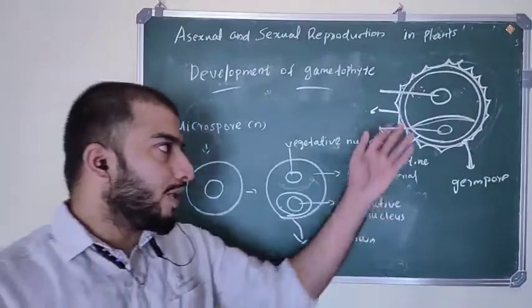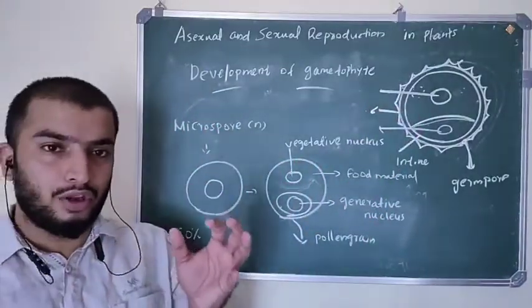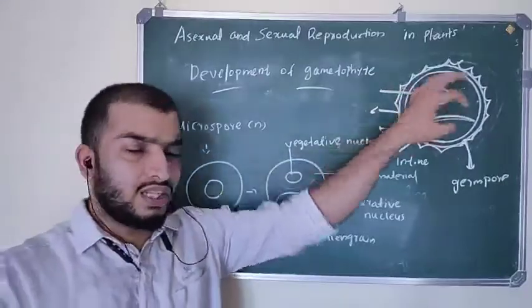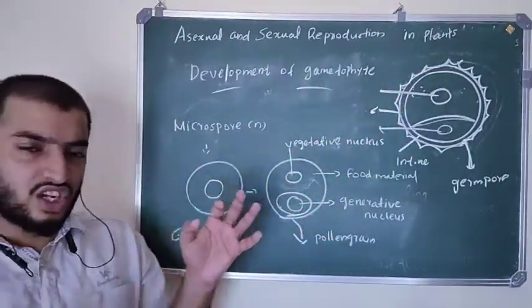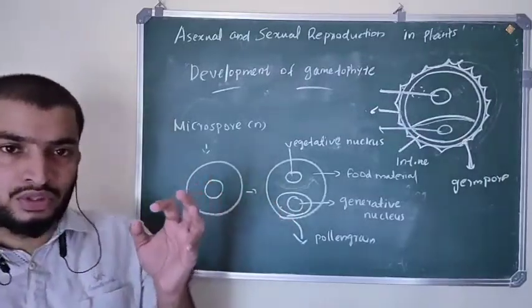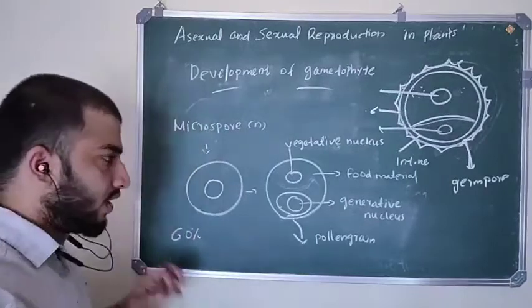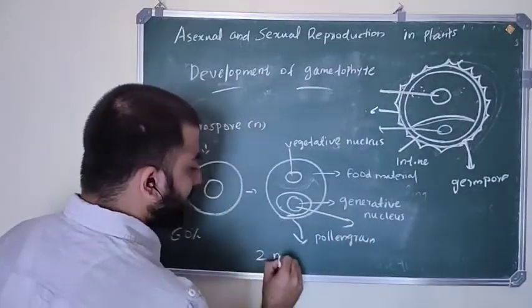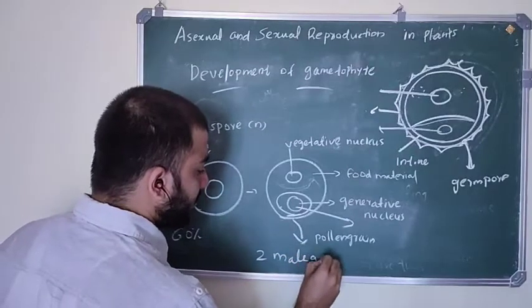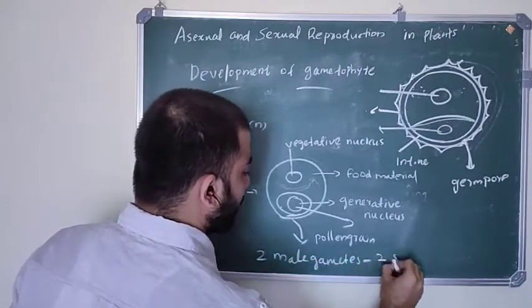What is the pollen tube? Actually, the inner layer forms the pollen tube. The contents of the pollen grain, that is the generative cell, come through the pollen tube. Then this generative cell divides into two male gametes, or two sperms.